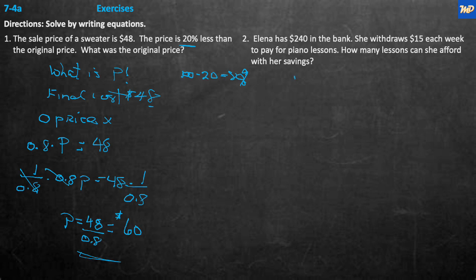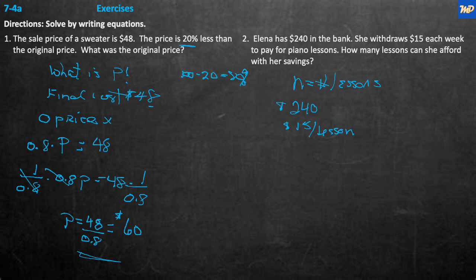So we're going to say that N is equal to the number of lessons. She has $240 as her savings, and she wants to take lessons for $15 per lesson. And that's basically all we need to know.